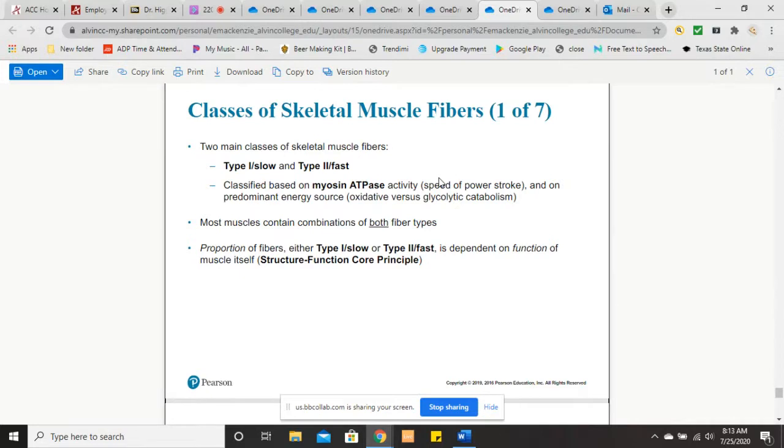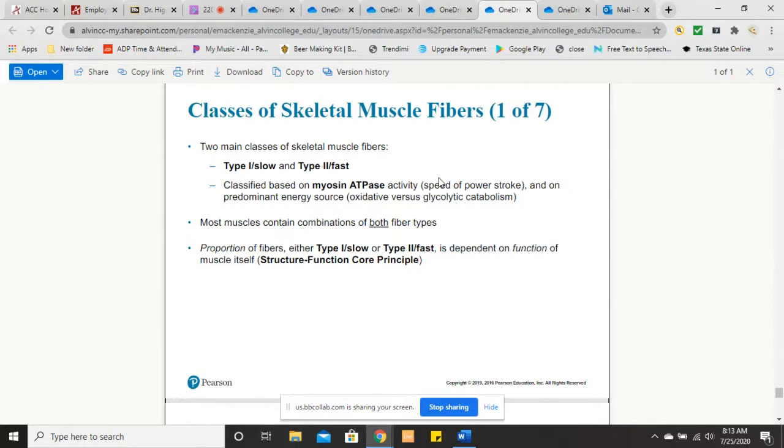And how active it is will determine how fast you can move. If you have high ATPase activity, you will move fast. So your type 2 fibers tend to have high myosin ATPase activity. So they burn through the ATP very quickly. And because of that, your type 2 fibers get tired faster.